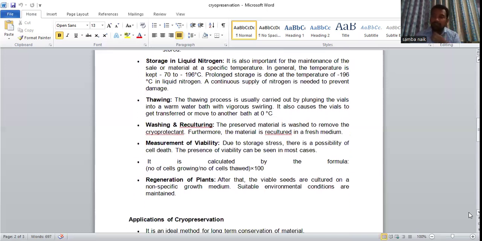So first of all, the selection is very important to rear and breed a specific character, to produce copies in future. The selection process is important. Then we go to the addition of cryoprotectants.